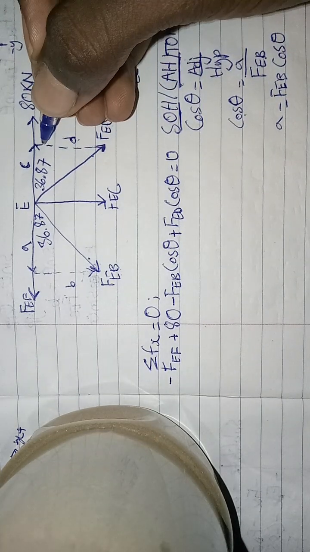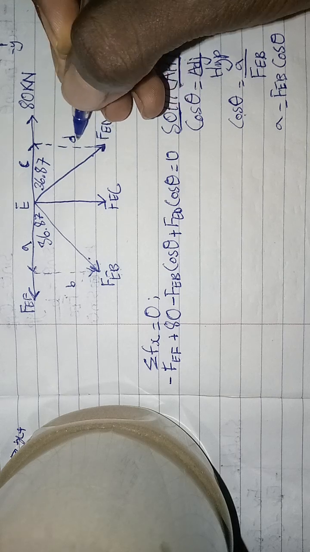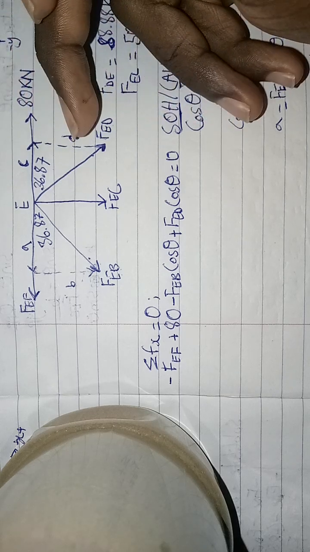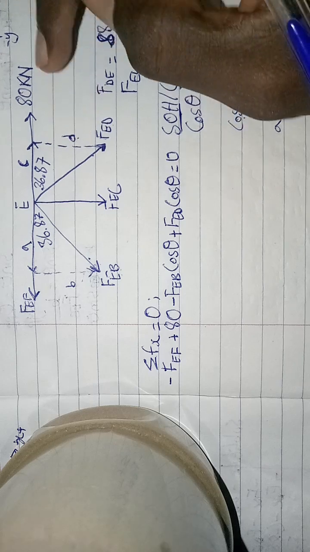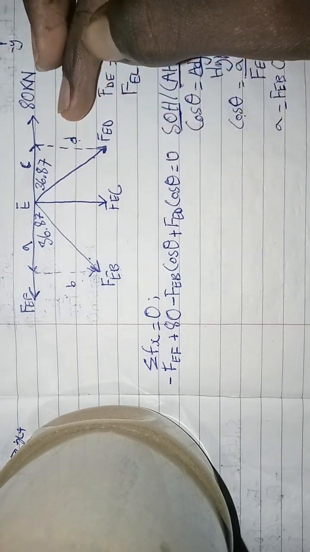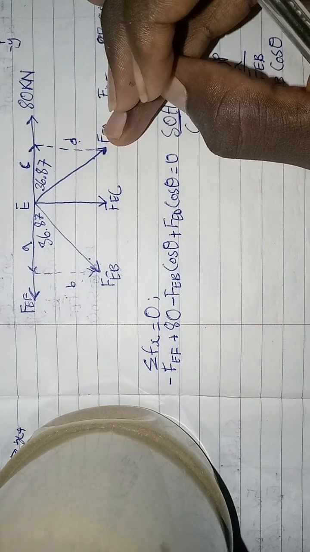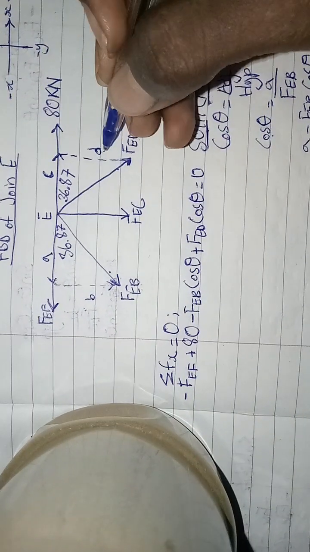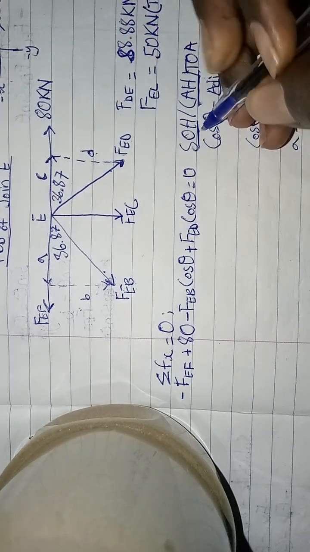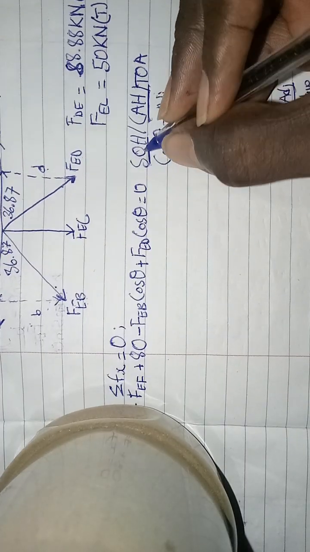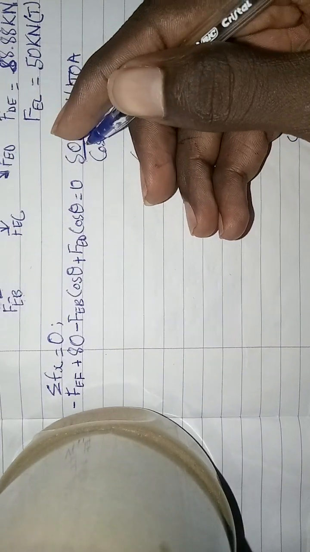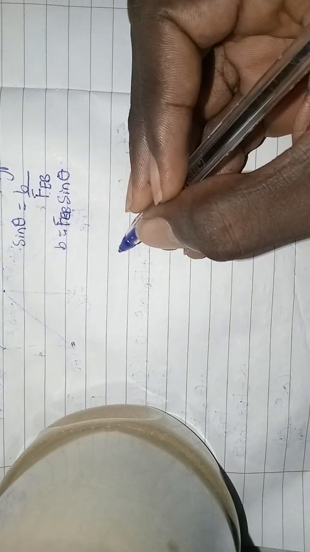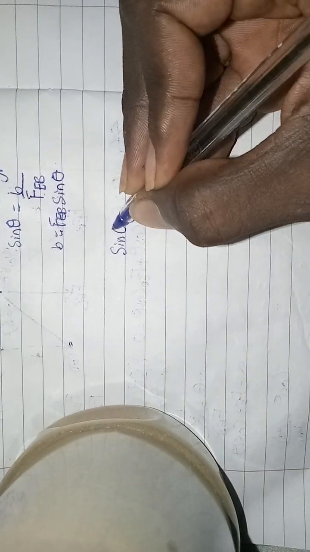We are going to deal with D, which is the opposite, and the hypotenuse, which is force ED. So sine theta equals opposite over hypotenuse.